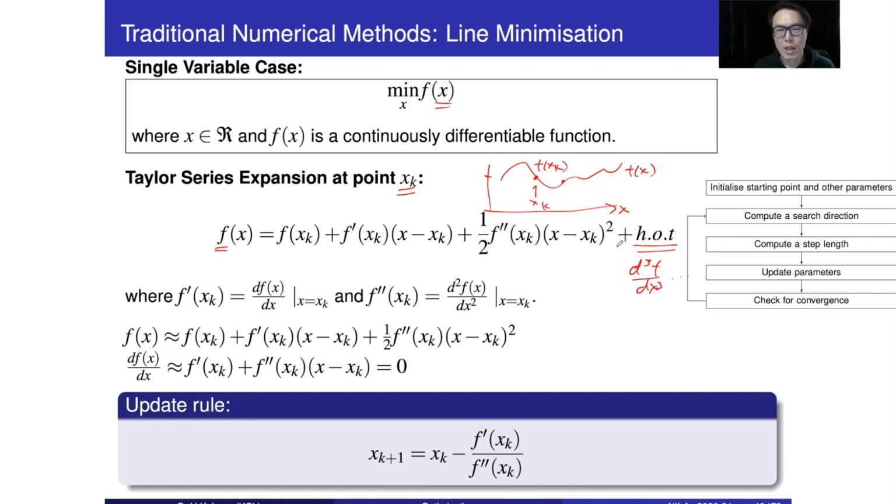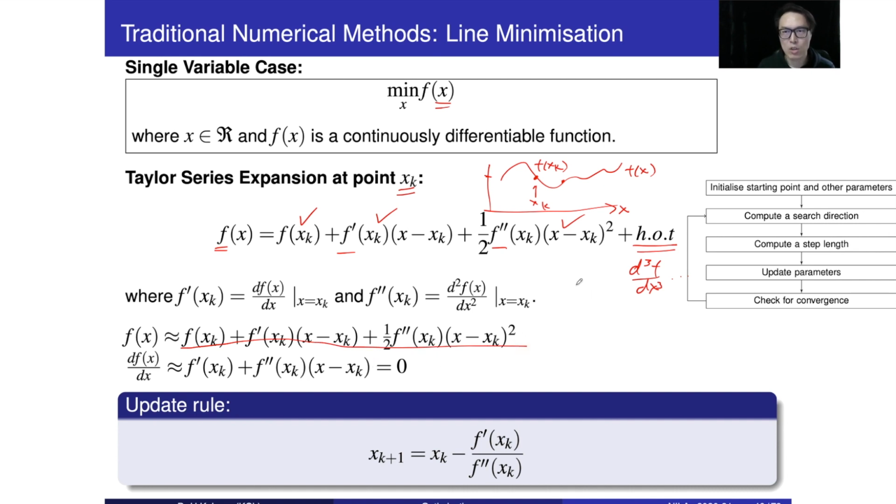But anyway, to develop the line minimization, we only consider f prime and f double prime. We ignore the higher order terms. In that case, f(x) can be approximated by the first, second, and third terms, and we take the derivative df dx of this and set it to 0.